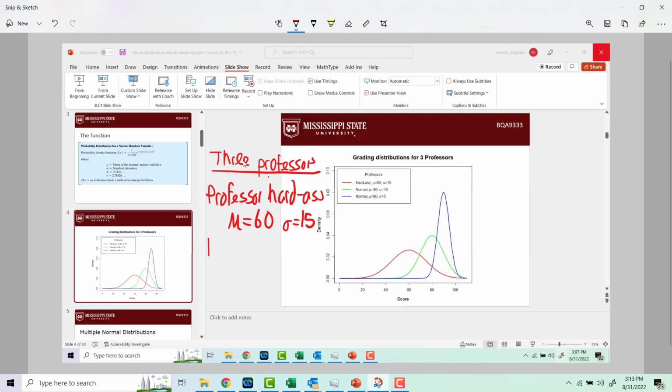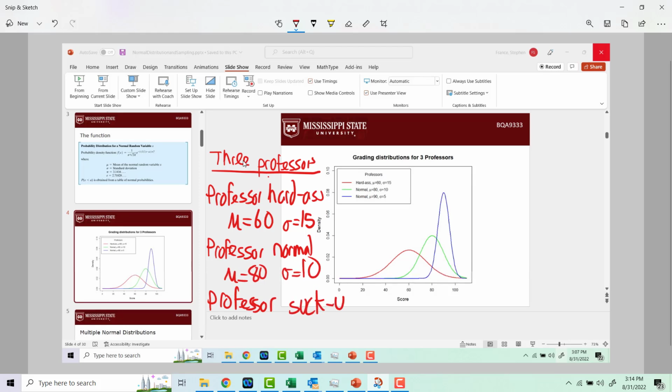Professor Normal, with a mean of 80 and a standard deviation of 10. And then we also have Professor Suckup, who just loves his or her students, and we've got a mean of 90.